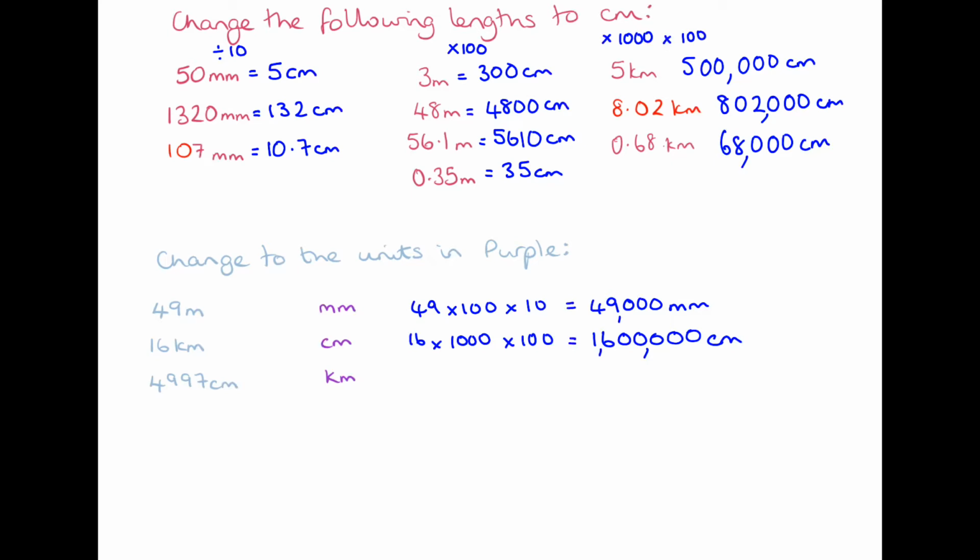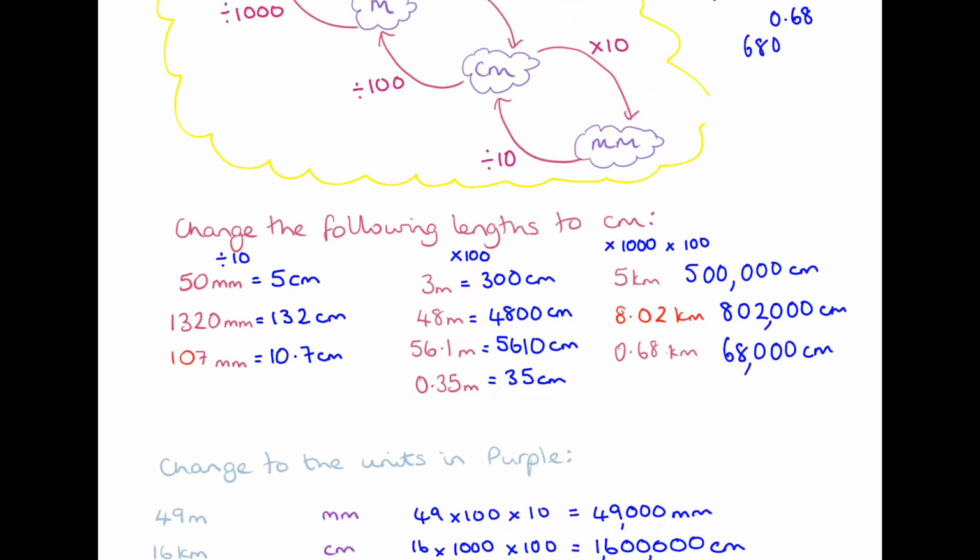Okay, but then it stands to reason that that is a big number, because if you think about it, 16 kilometres, driving 16 kilometres, we're looking at how many centimetres that is, so it's got to be loads, hasn't it?